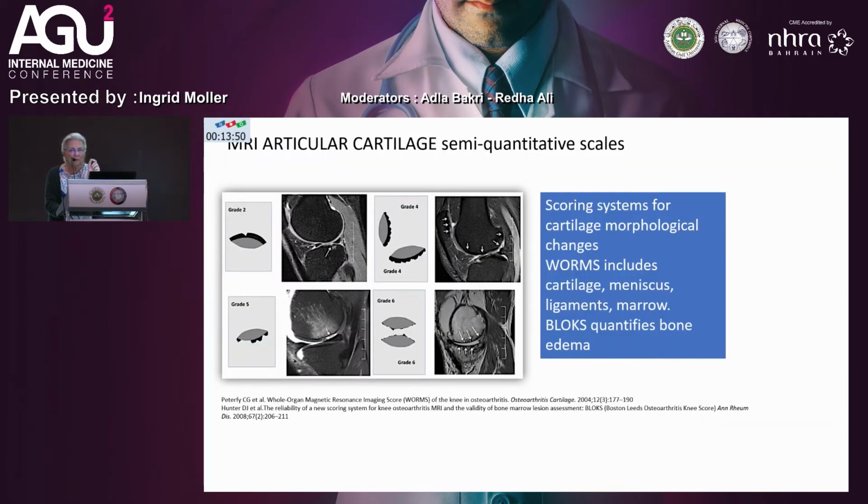Let me tell you a word about these kinds of techniques that maybe you know. The MRI of articular cartilage is nothing new. We have different semi-quantitative scales that can be applied depending on your interest. WORMS and BLOKS are the most common ones, but there is a long list of them.